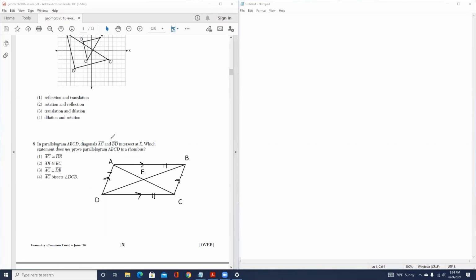Rhombi, I should say, do not have congruent diagonals, and that's because with the rhombus, the physical geometry of the shape makes it that one diagonal is always longer than the other. So that eliminates one from proving the parallelogram ABCD is a rhombus, but let's go over the other ones.